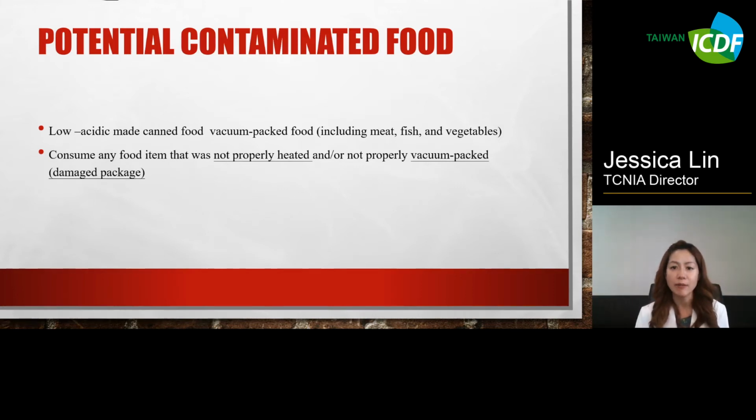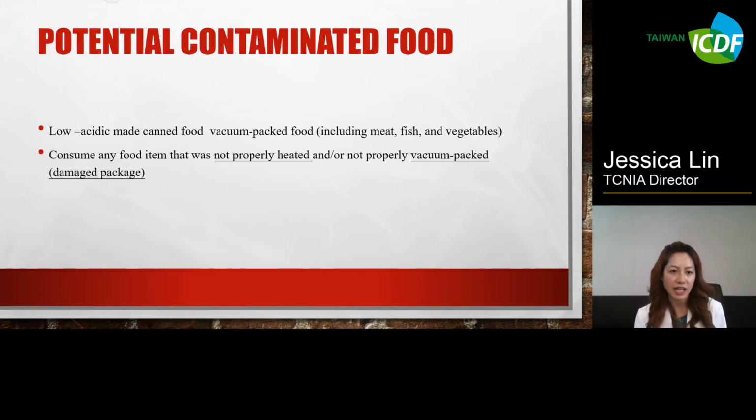Some potential contaminated food that's associated with C-botulism are the low acidic canned food, as well as the vacuum packed food, including meat, fish, and vegetables. If you consume any food item that was not properly heated and or not properly vacuum packed, for example, the package is damaged, then very likely it can be contaminated with C-botulism bacteria.